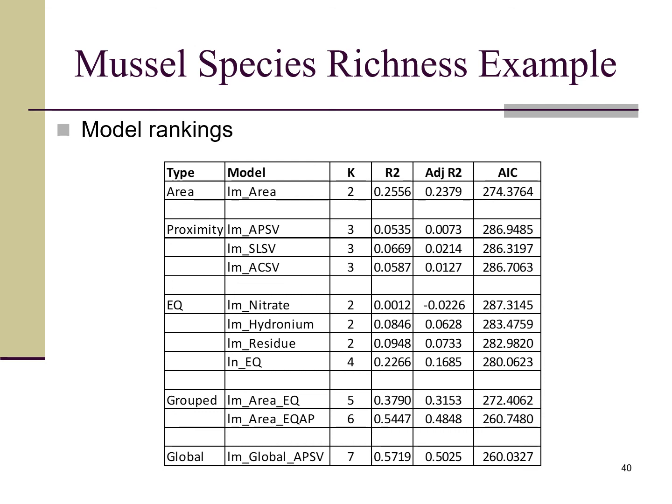Now we're going to look at grouping three things together. In one case, we're using area and the chemistry variables, EQ. That's going to give us 5 variables, because we have the 3 EQ variables, the area, and the intercept.